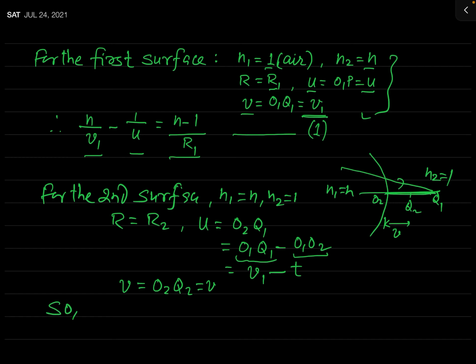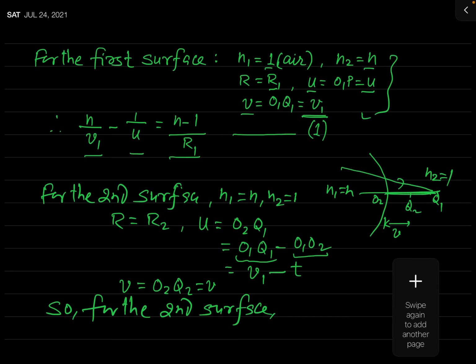For the second surface, what will be your result? N2 over V. And here N2 is equal to what? N2 is 1.